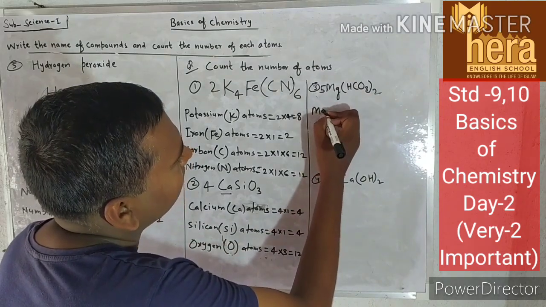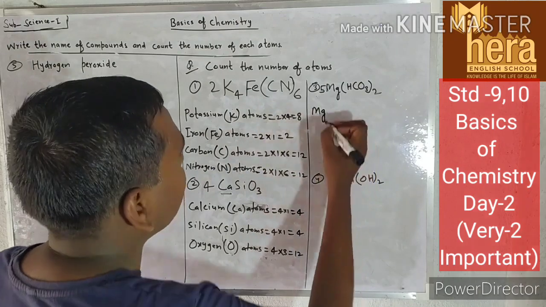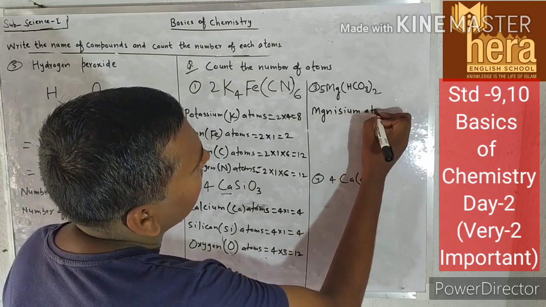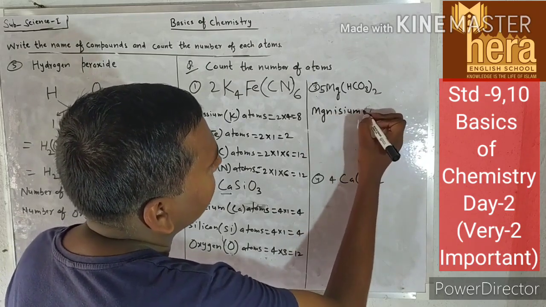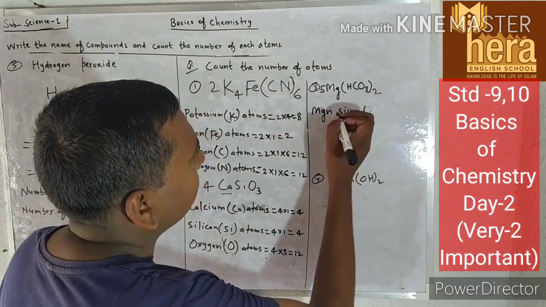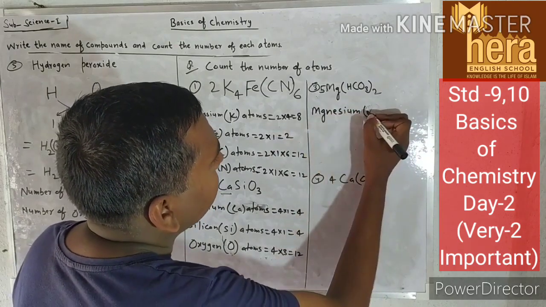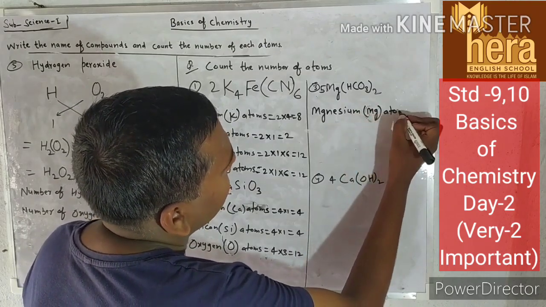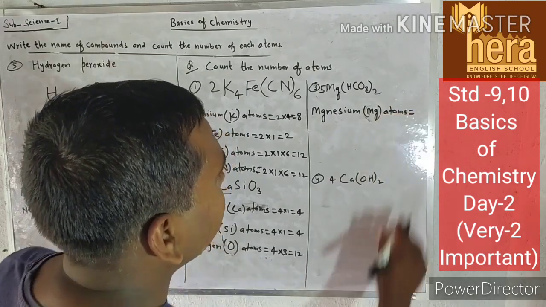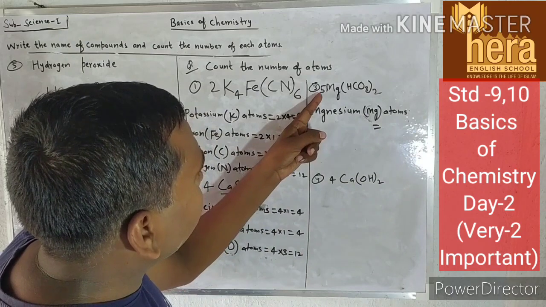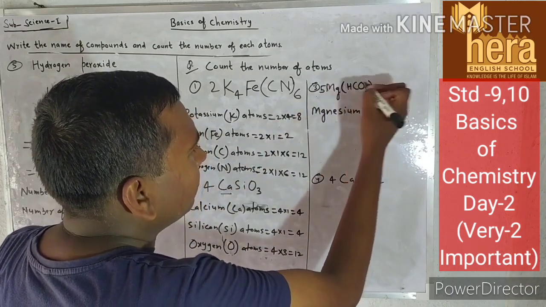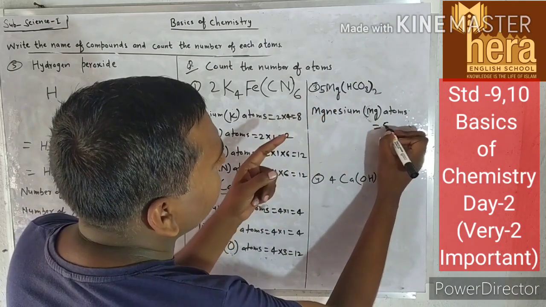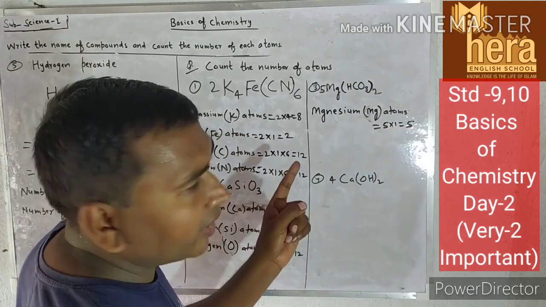Magnesium equal to, here is 5, bracket is from here, here is Mg, here is 1, then here is 5, then 5 into 1, that will be equal to 5.